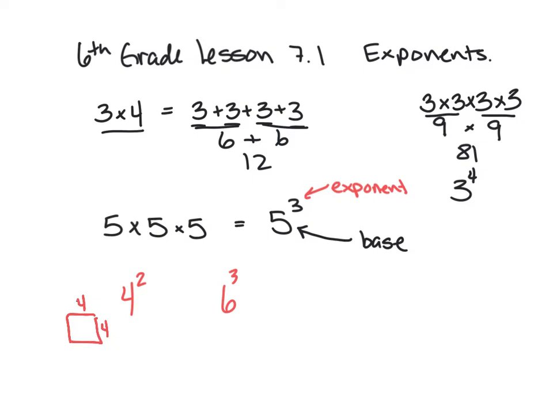It's 4 times itself twice, squared. So you will hear people say 4 to the 2nd power, or maybe 4 squared. That means the same thing. It's 2 ways of saying the same thing. Both are correct. 4 to the 2nd power, 4 squared. 8 to the 2nd power, 8 squared. 12 to the 2nd power, 12 squared.